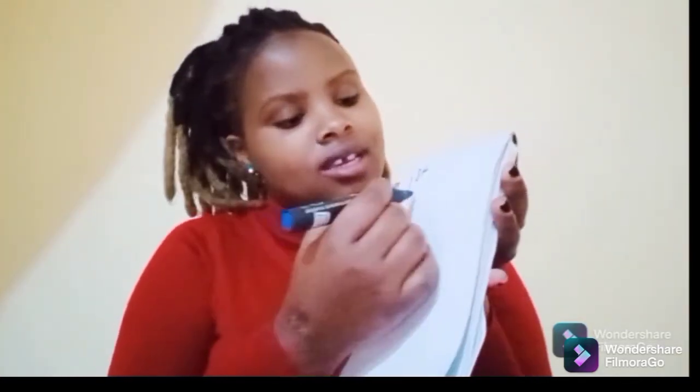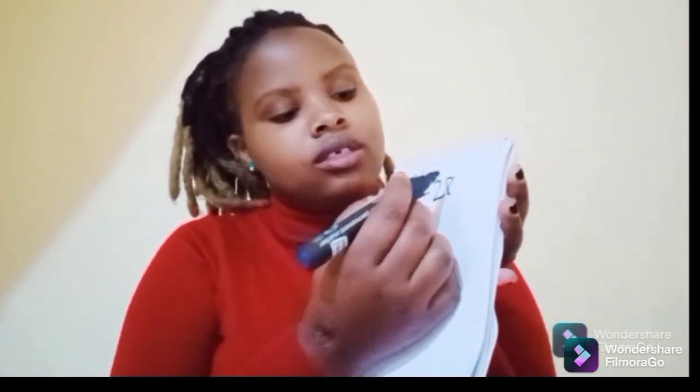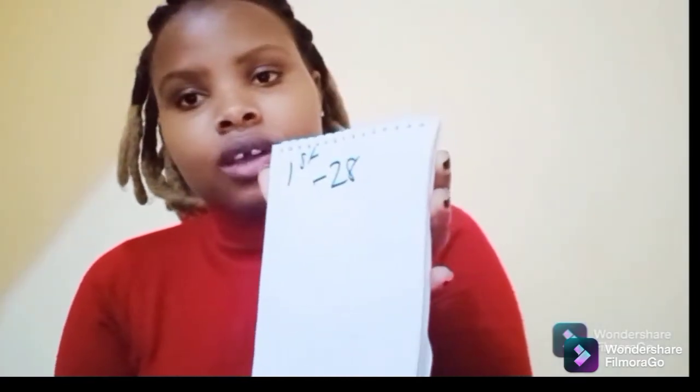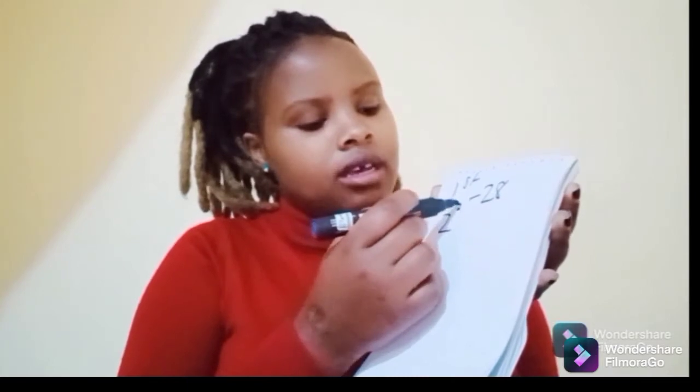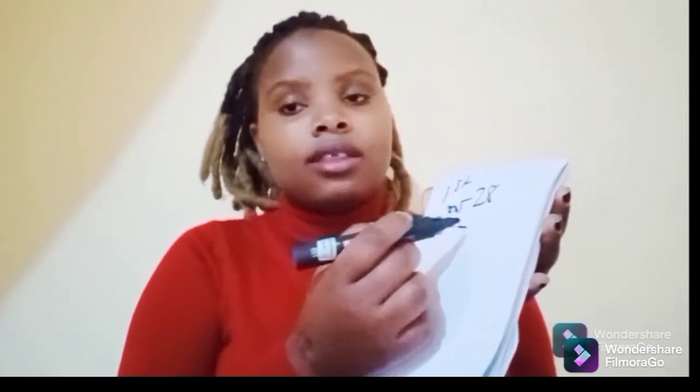For example, if the first month you had a 28-day cycle, you record it here. You count, and you find you have a 28-day cycle, and the second month you had a 29-day cycle.